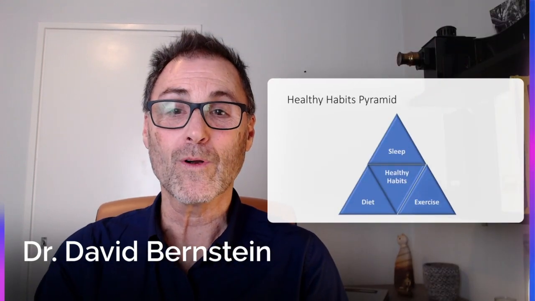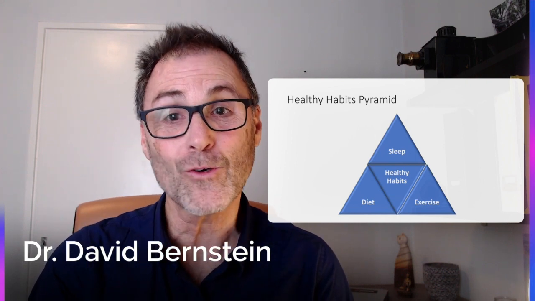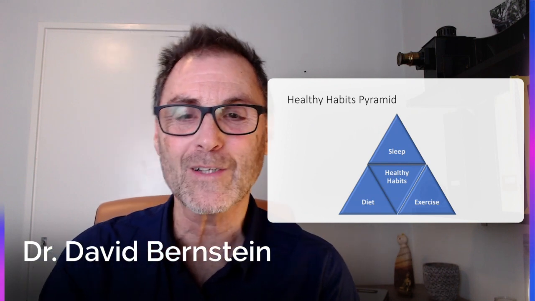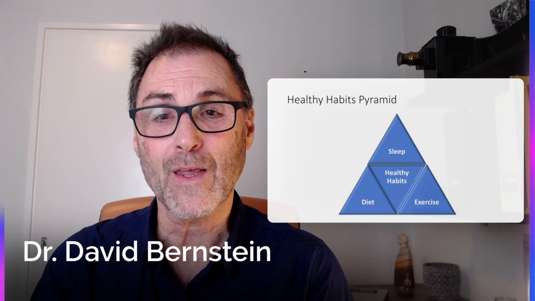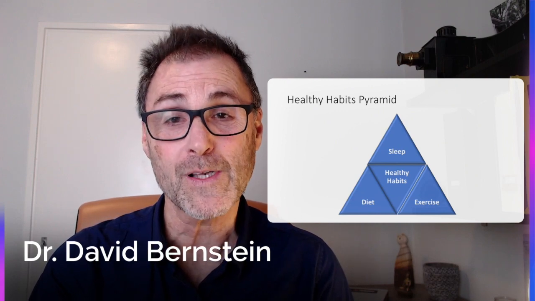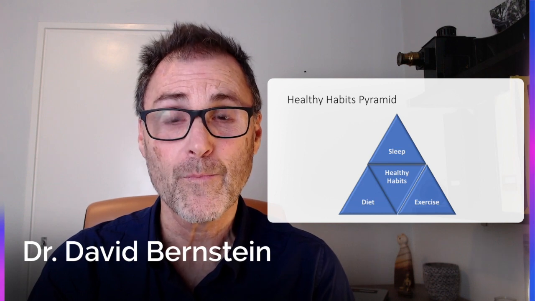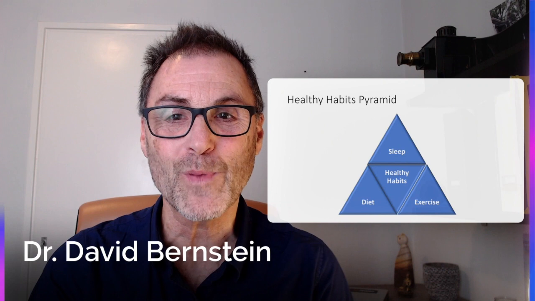Let's take a little bit more of a look at self-care. What is self-care? Self-care means nurturing yourself, taking good care of yourself, physically, mentally, emotionally, and so forth. Now, I often tend to think that the basis of self-care is developing healthy habits. And here is something that I created, which I call the healthy habits pyramid.